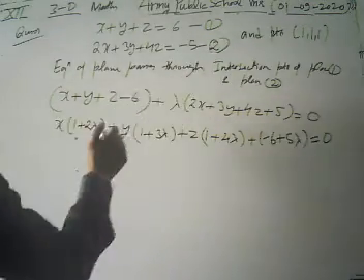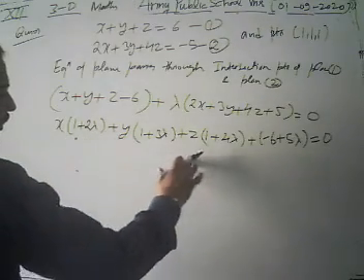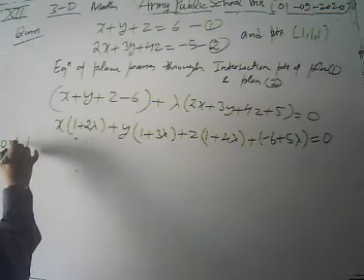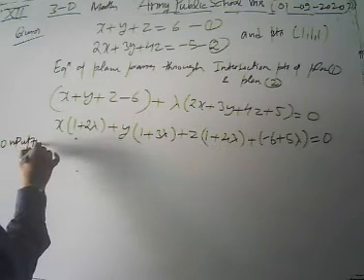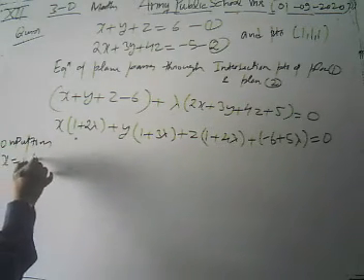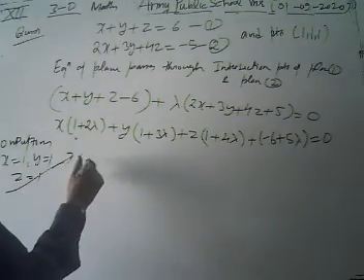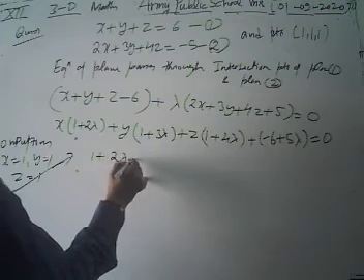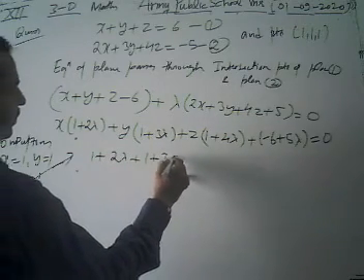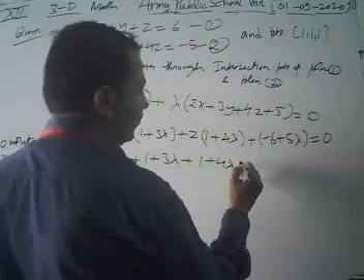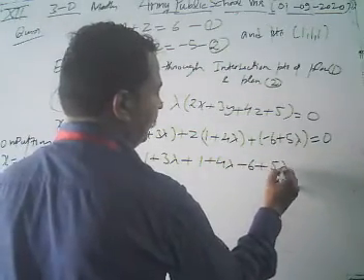On putting x equal to 1, y equal to 1, and z equal to 1, we have 1 plus 2 lambda plus 1 plus 3 lambda plus 1 plus 4 lambda, minus 6 plus 5 lambda equal to 0.